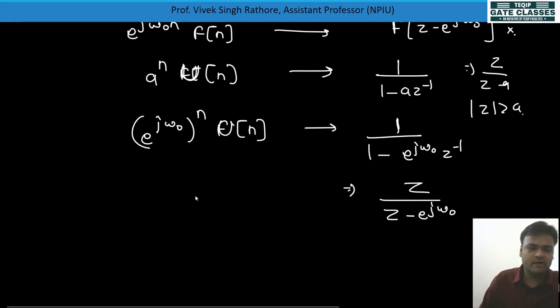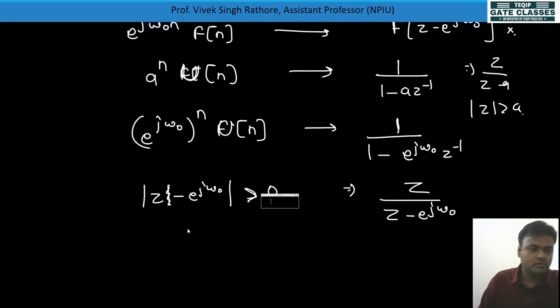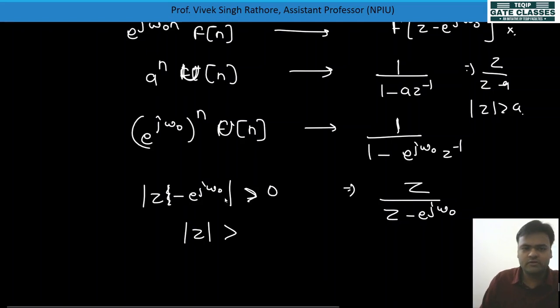And where will be the ROC? The ROC will be mod z minus e to the power j omega 0 should be greater than 0. So mod z should be greater than mod of e to the power j omega 0.